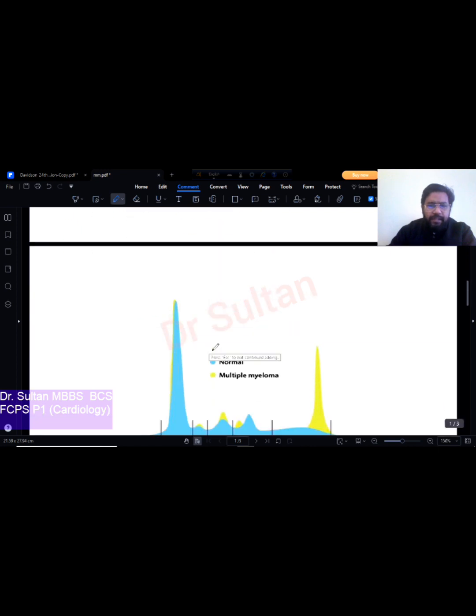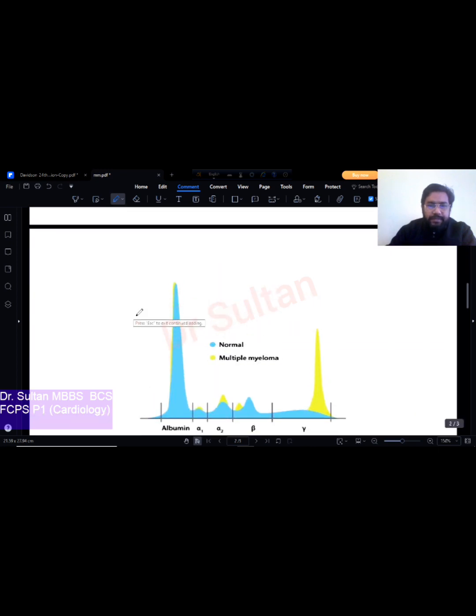If we see another serum protein electrophoresis here, the blue region is the normal presentation. Albumin is high up here, then the alpha 1 segment, alpha 2 segment, beta segment, and the gamma segment. The blue pattern will be the normal.